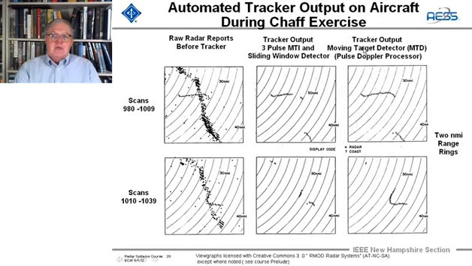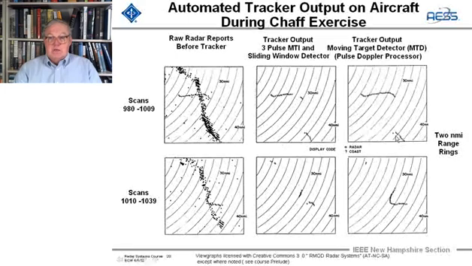But when we use the FPS-18 with the moving target detector, and both of these two different radars, this was on an ASR-7, this was on the FPS-18, they were normalized to have exactly the same signal-to-noise ratio. We see that we track solidly the aircraft right through the chaff.